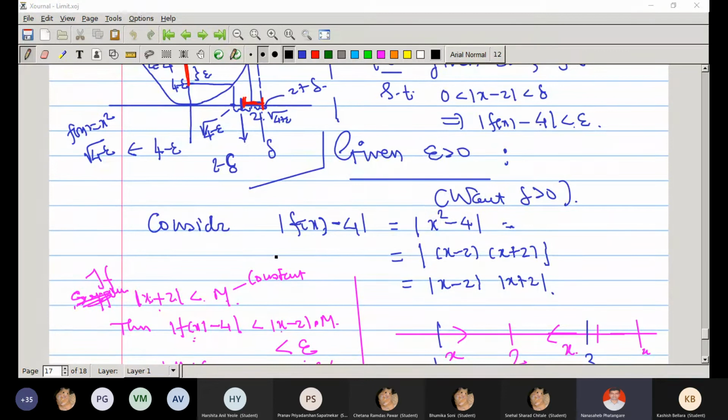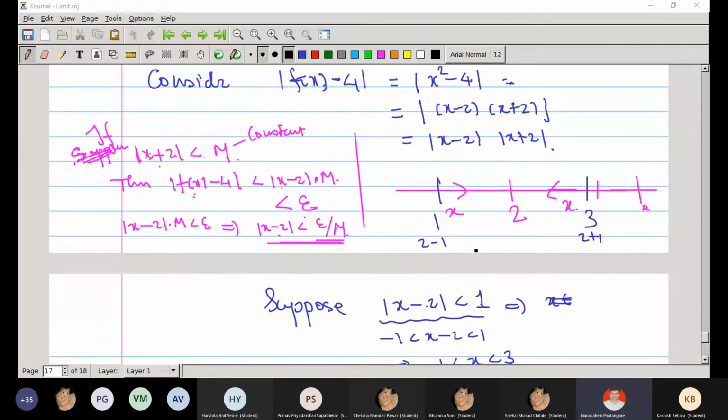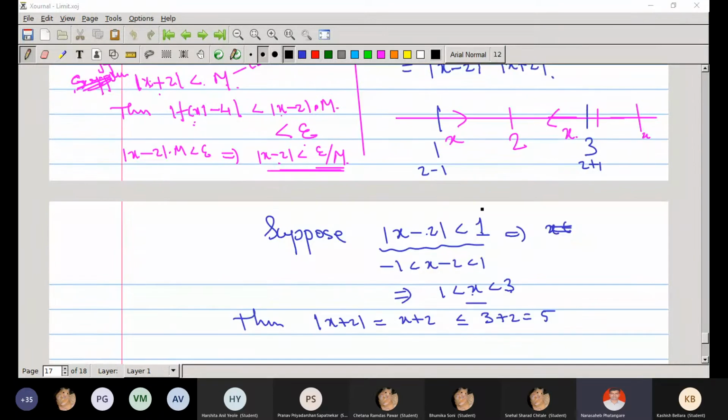So we wanted to make |f(x) minus 4| less than epsilon, that means |x square minus 4| less than epsilon, but we can simplify so that we can guess what will be the possible delta. So x square minus 4 is (x minus 2)(x plus 2), so it is the same as absolute value of x minus 2 times x plus 2.